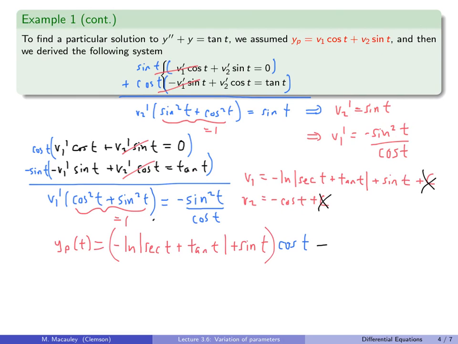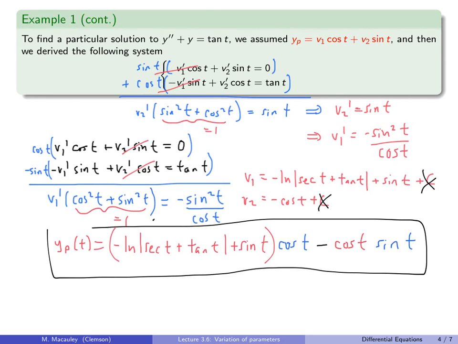So that's minus cosine of t times sine of t. So this is our particular solution. Let's box this. And that's all I asked, to find a particular solution.